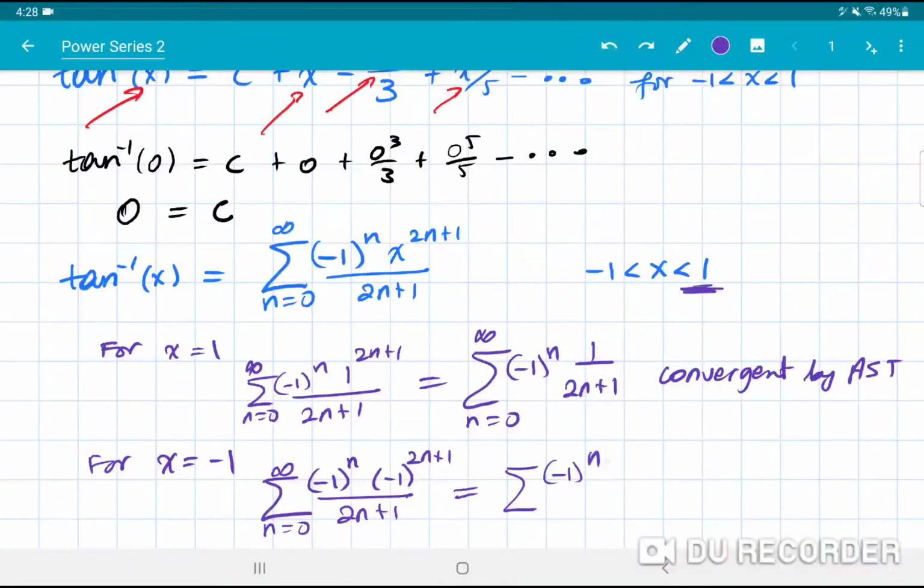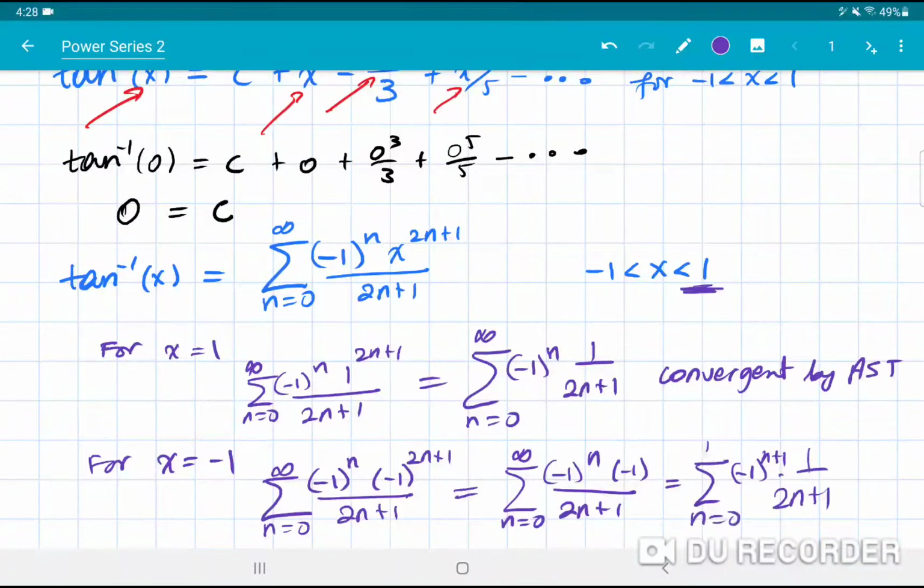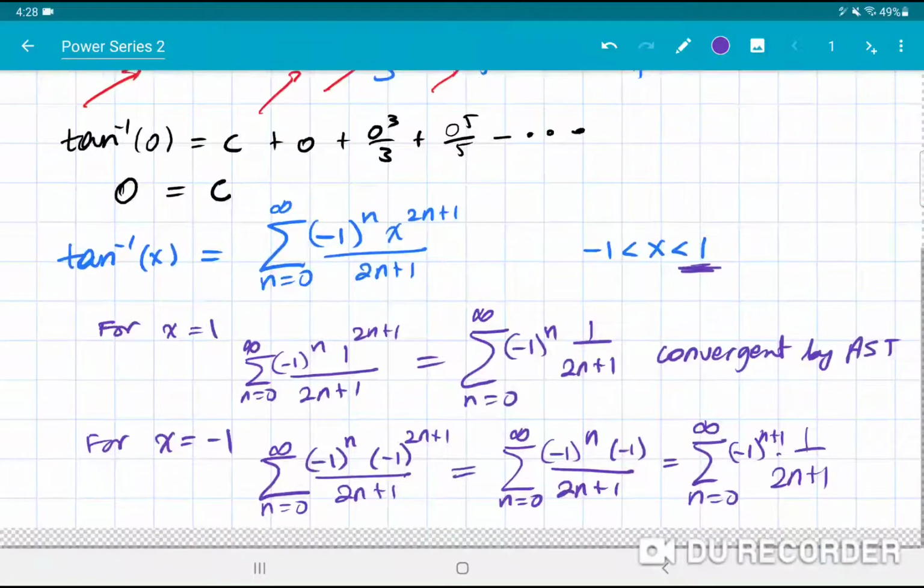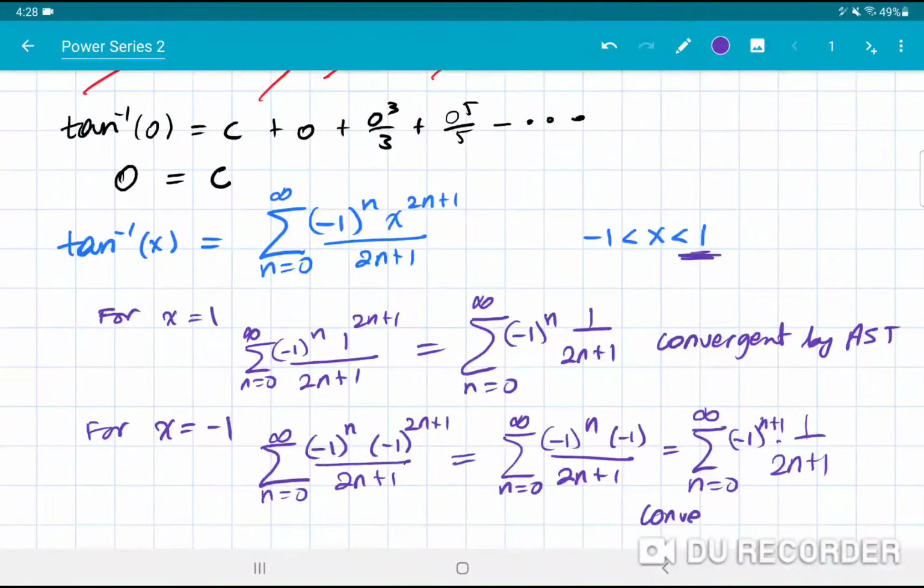So that gives you negative 1 over 2n plus 1, n from 0 to infinity. This is negative 1 to the power of n plus 1 times 1 over 2n plus 1, n from 0 to infinity. Convergent also, okay? Convergent by alternating series test. So it does converge at 1, it does converge at negative 1, so it converges for both endpoints.